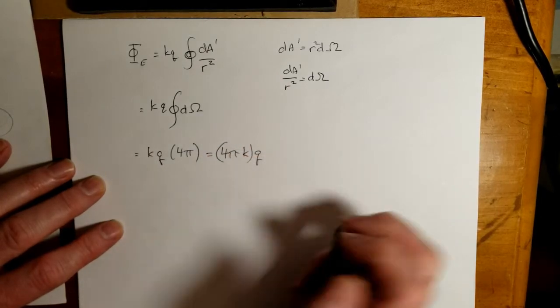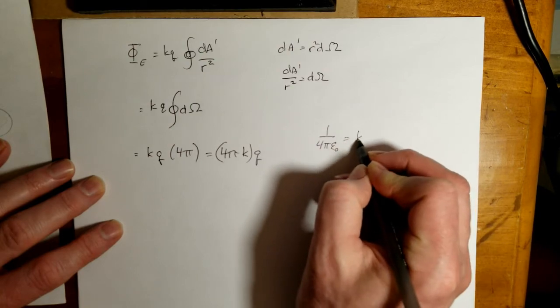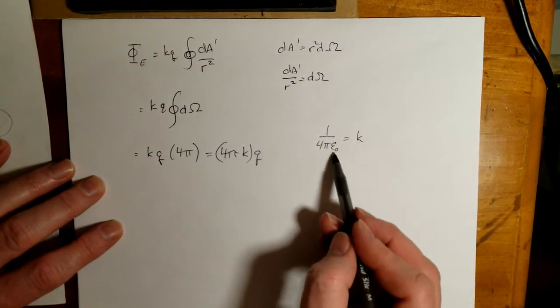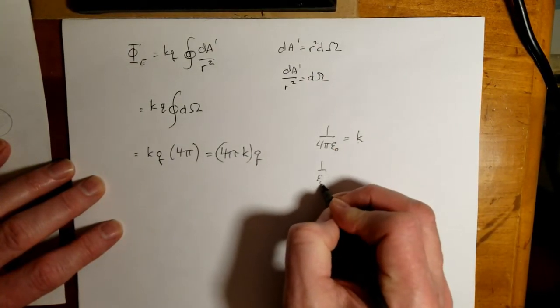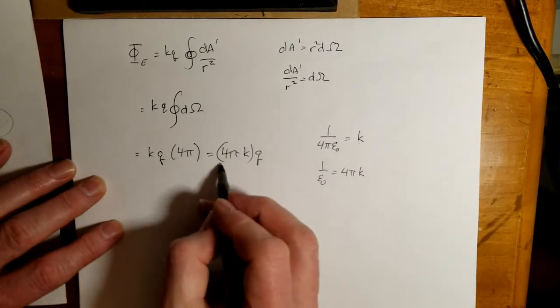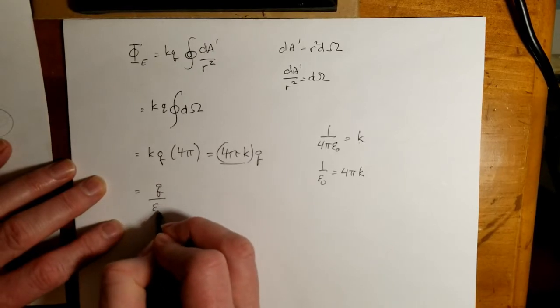Now 4 pi k: I know that 1 over 4 pi epsilon sub naught is equal to k. Again, this is Coulomb's constant, or the electrostatic constant. This is the permittivity of free space multiplied by 4 pi, and I have 1 over epsilon naught is equal to 4 pi k. And so now this becomes the enclosed charge over epsilon sub naught.